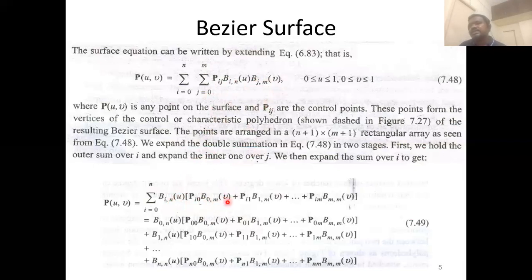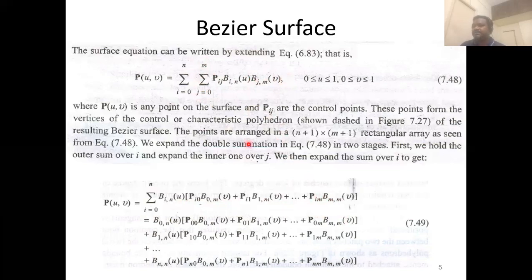The second term will be Pi, where j will take value 1, and m remains the same, so this term appears. Likewise, the maximum value of j will be m, therefore here m will come. Pim, where the j value is m. So the summation of j is expanded from 0 to m in this expression.